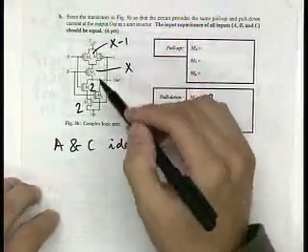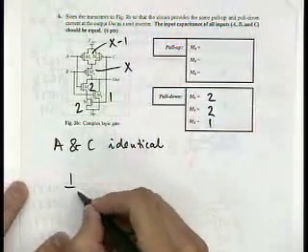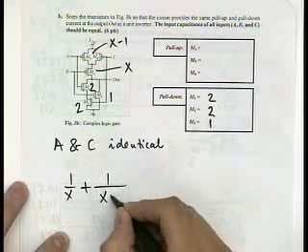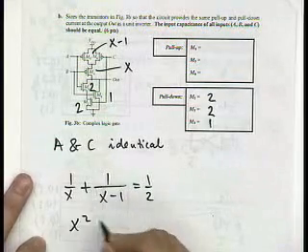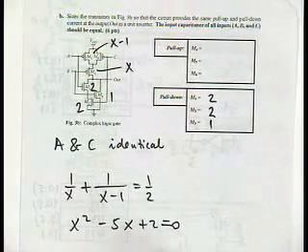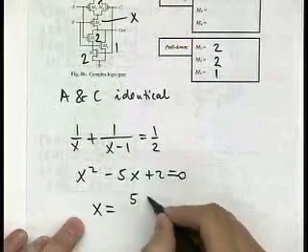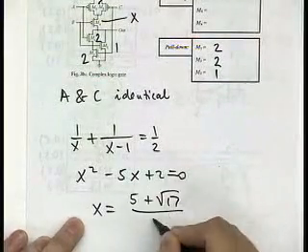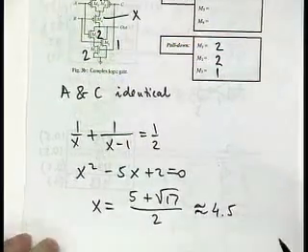Then you simply balance the pull-up resistance to the equivalent inverter. So you have 1 over X plus 1 over X minus 1 equal to 1/2. When you write the equation, you have X squared minus 5X plus 2 equal to 0. The only feasible solution is X equal to 5 plus square root of 17, divided by 2, which is around 4.5.